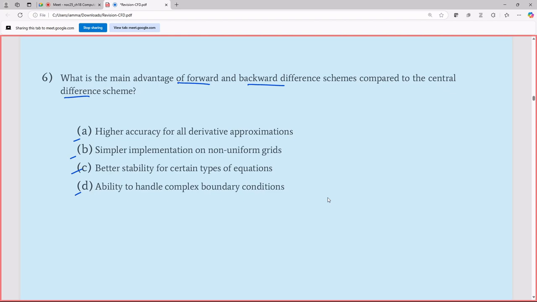So which among the following is the main advantage of forward and backward difference schemes compared to the central difference scheme? Try to answer the question.